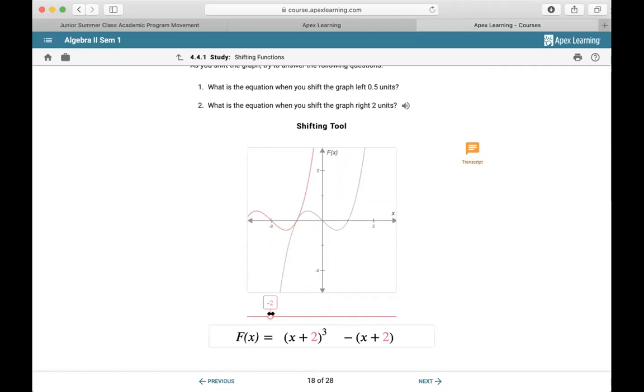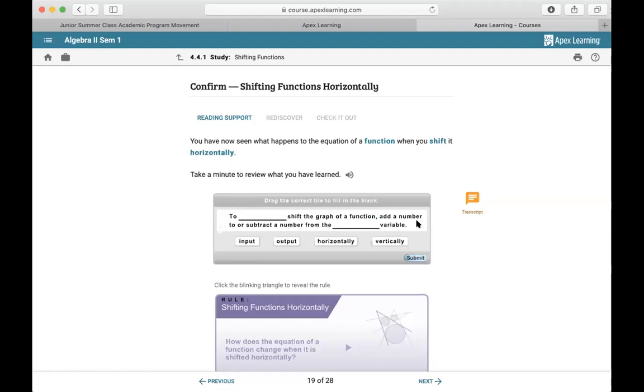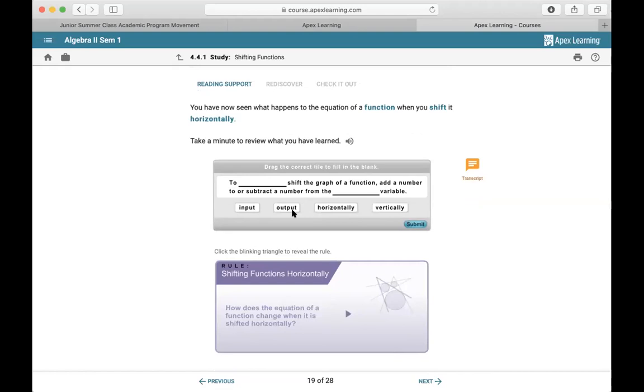Same thing if I go to the right here. If I shift to the right 1 unit, I'm going x minus 1. So I've got to replace both of those x values with an x minus 1. Same thing, x minus 2 if I'm shifting to the right. And so whatever I'm doing, I have to be consistent. So then you can see here, to horizontally shift a graph, we have to subtract a number from our input variable.